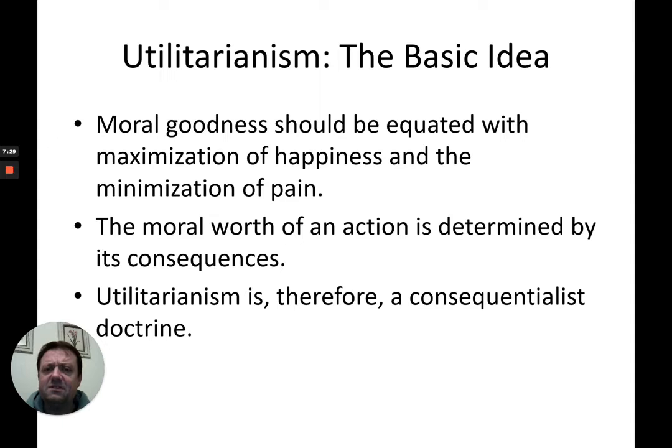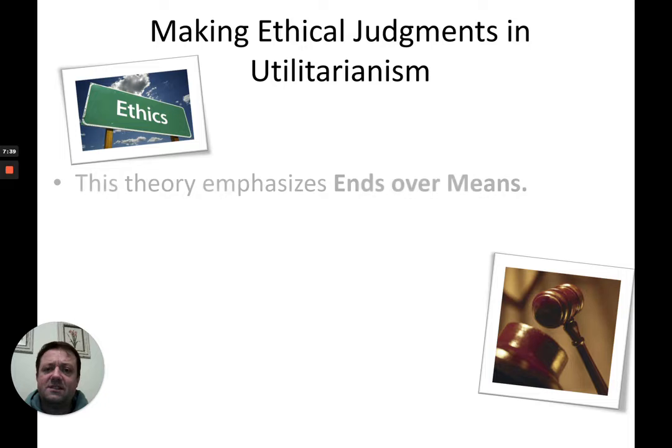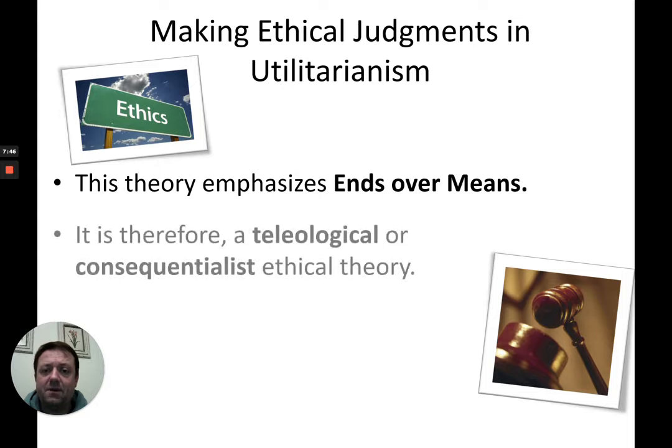So utilitarianism is a consequentialist theory, but not all consequentialists are utilitarians. Okay? And to explain that idea, I will in a moment just talk a little bit about the ancient Greek philosopher Epicurus. Before that, however, a few other things to mention in relation to utilitarianism.